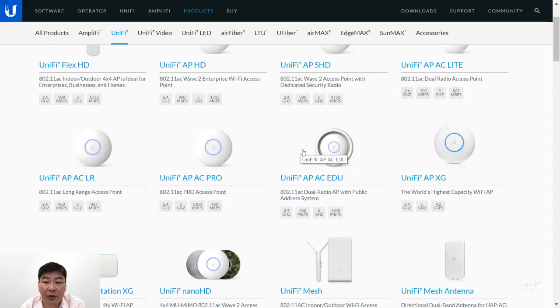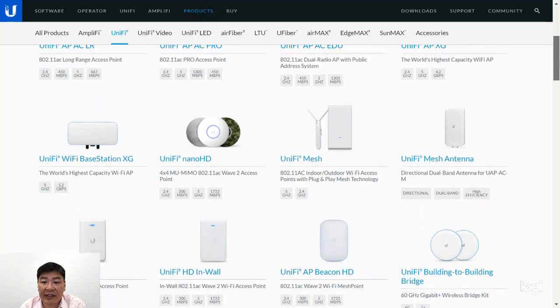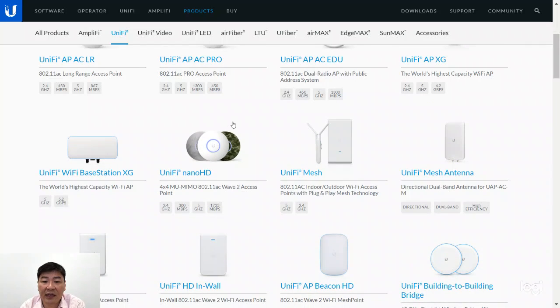So what's after the AC Pro? The model that you can recommend after the AC Pro would be the Unified Nano HD. The Unified Nano HD is the very first 11AC Wave 2 AP from Ubiquiti under the Unified series.